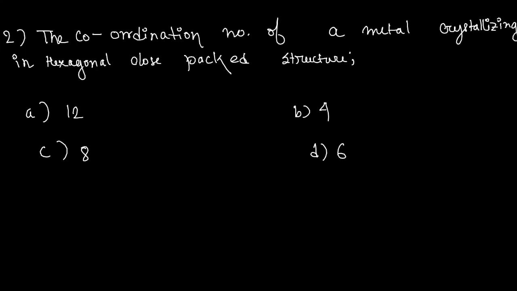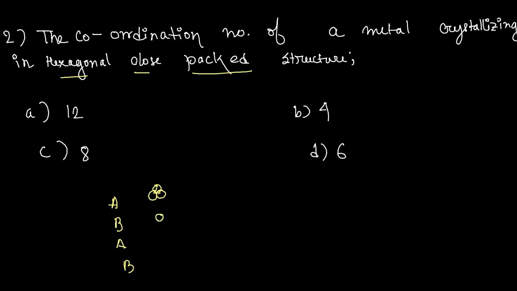Here the question is theoretical type and numerical type also, because the coordination number of a metal crystallizing in hexagonal close packed structure. So in 3D hexagonal close packed structure, how many coordination number will there be? In hexagonal close packed structure, the structure is like AB type. Suppose we have a trigonal type of arrangement, then we will have a hexagonal type of arrangement here.